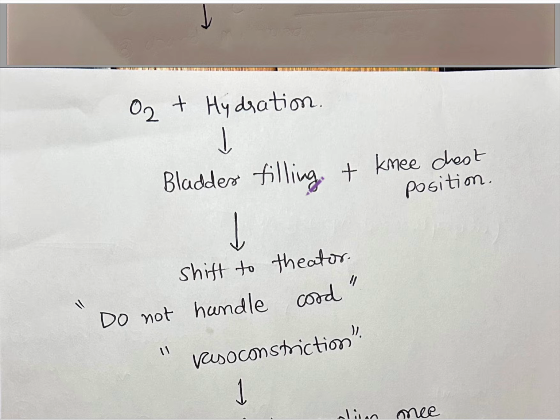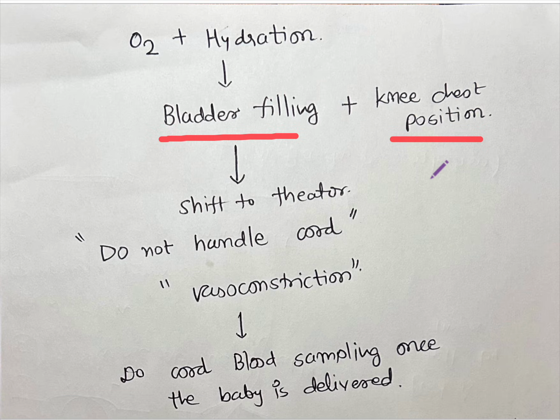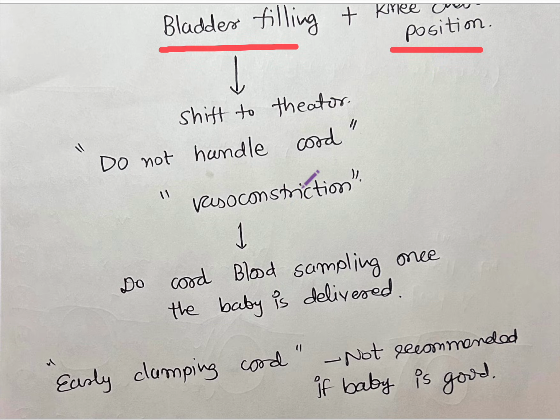Cord compression is very important here, because sometimes if the presenting part is so applied over the cervix, it can compress the cord, and then the blood supply to the baby can be hampered. Now we need to do bladder filling here, knee chest position, or even the modified Trendelenburg position. That is also important, so that the presenting part is not so firmly applied to the cervix, thus avoiding cord compression. Shift to the theater.